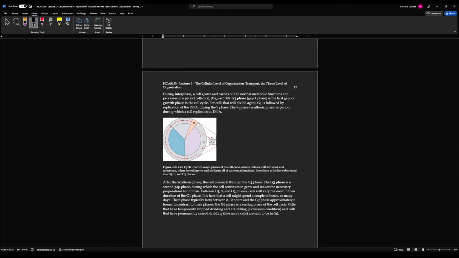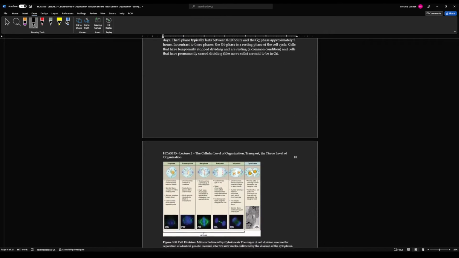So with interphase, this is where the cell is not actively undergoing any division. We really just have growth phases or gap phases and synthesis phases. And these really don't matter all that much for what we're going to be talking about.